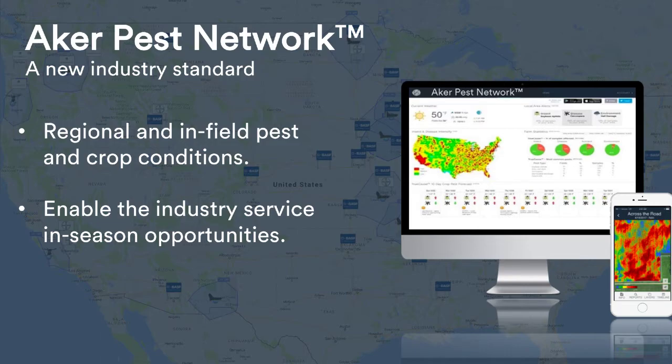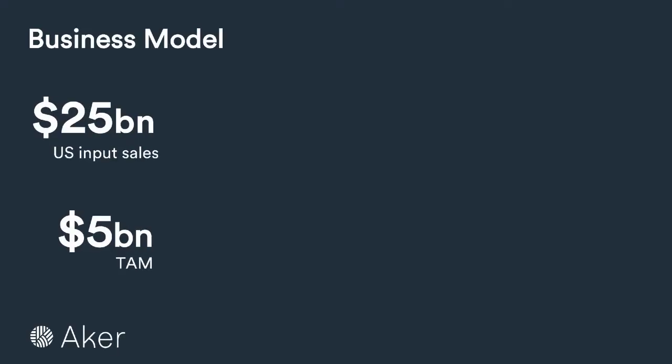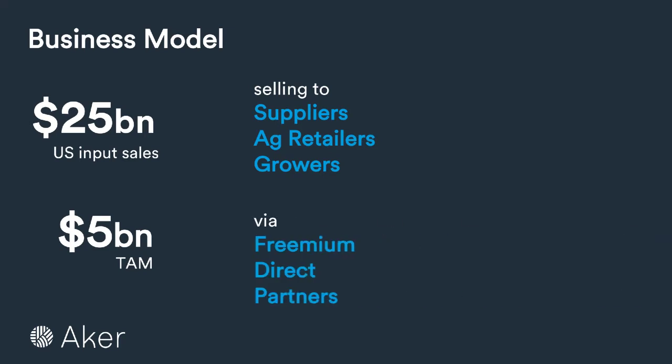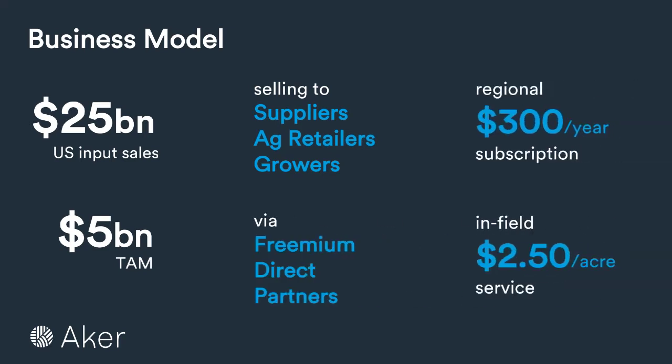Let me tell you about the business model. Crop protection input sales in this country, it's a big business, it's 25 billion. Precision agriculture, which is the industry that places that chemistry, is $5 billion and growing rapidly. We sell through a variety of channels, primarily to suppliers and retailers. And we monetize it, as we said, $300 per subscription in our test market. And then when Todd wants to come in and ask, hey, can you check my farm?